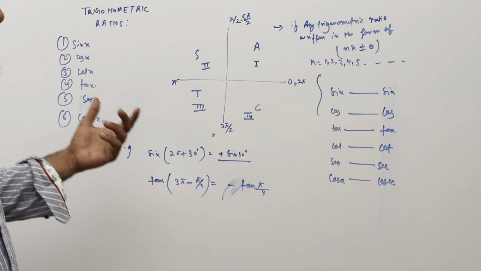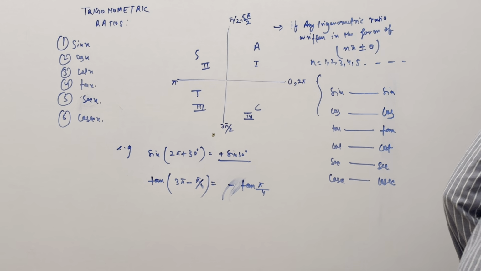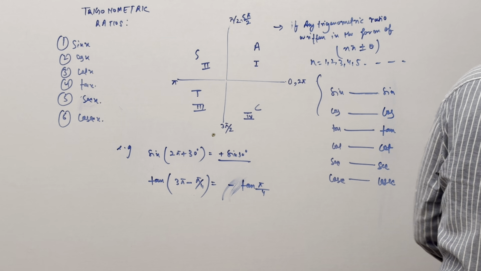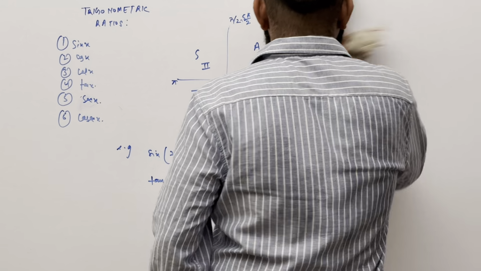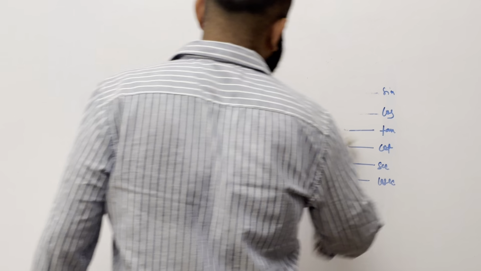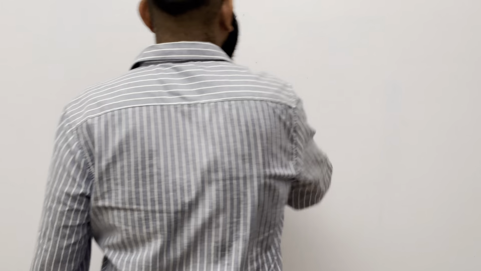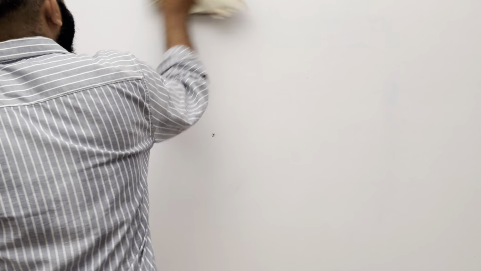So I think you have noted down the first trigonometric part. Now come to some formulas. Now these are very important formulas which I am going to use right now.